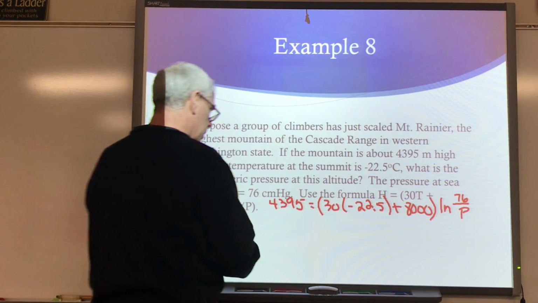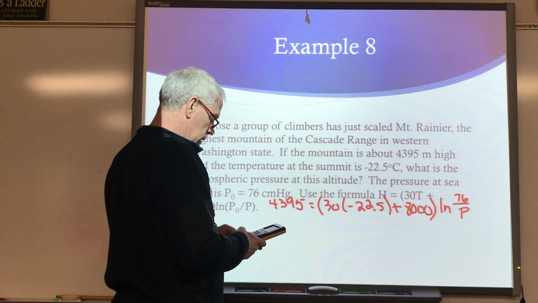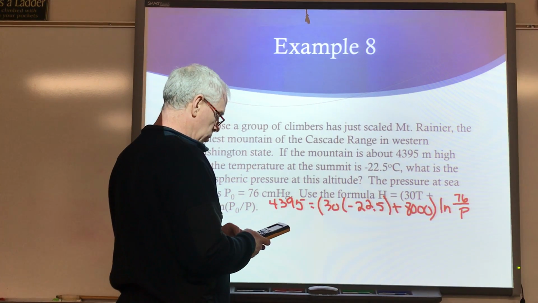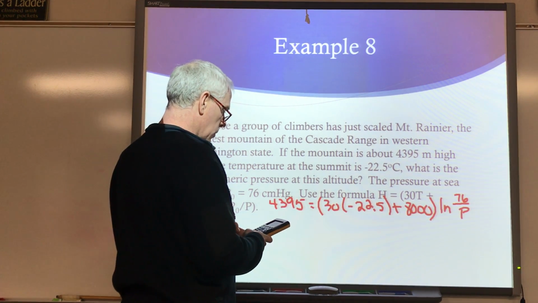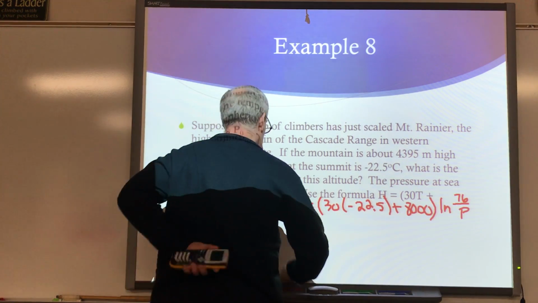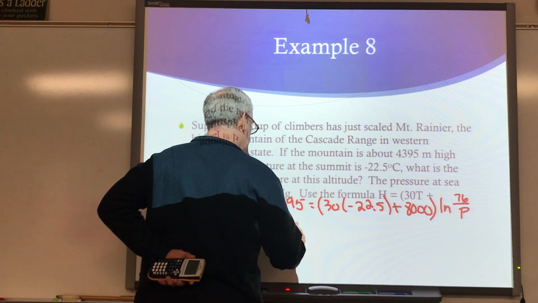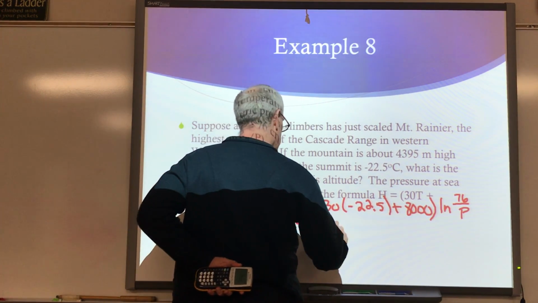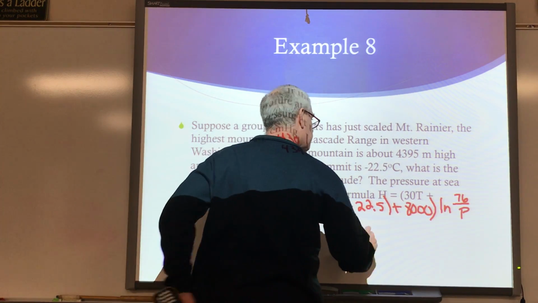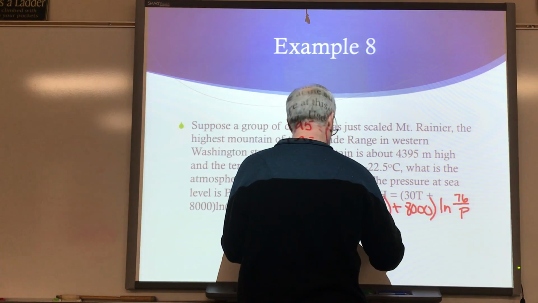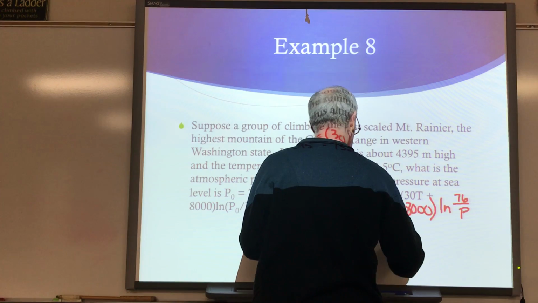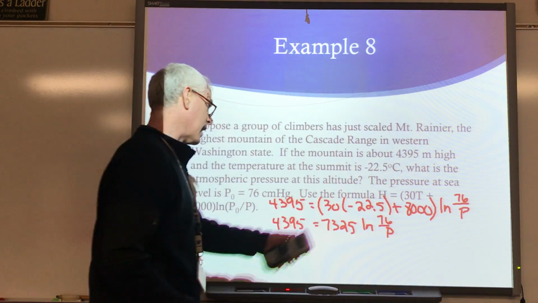So inside the parentheses here, 30 times negative 22.5 plus 8,000 is 7,325. So I've got 4,395 equals 7,325 ln of 76 over P. Okay, and so I've got to get that ln by itself.